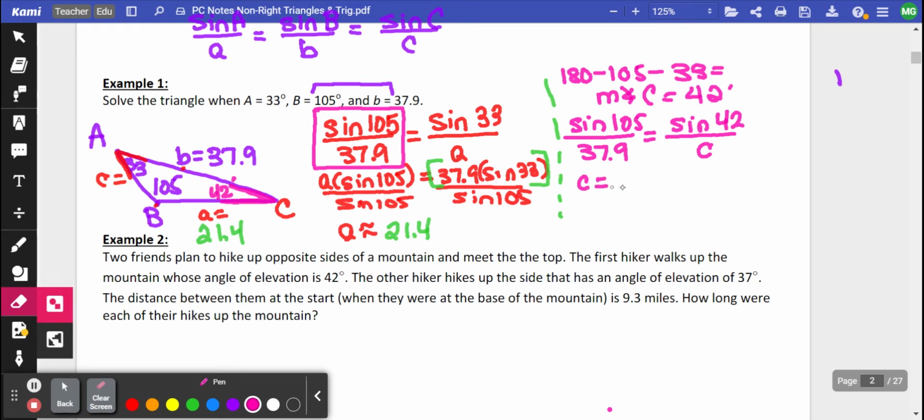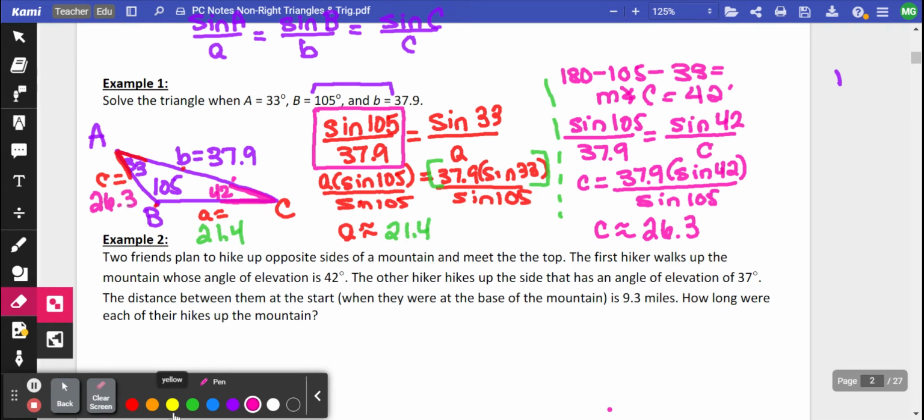You might want to just jump to this step: 37.9 times the sine of 42 divided by the sine of 105. If you need to write the in-between step out, by all means do it. Again, when you put this in your calculator, make sure that you get 26.3. We're going to put that on our diagram, 26.3.